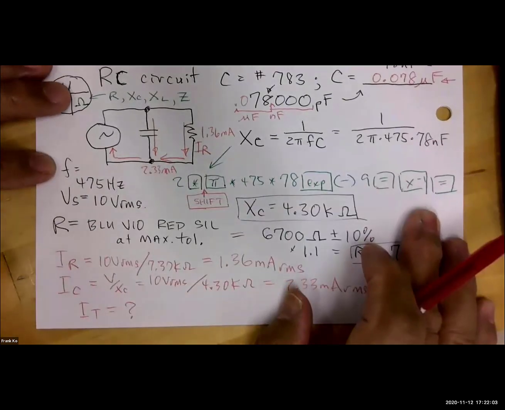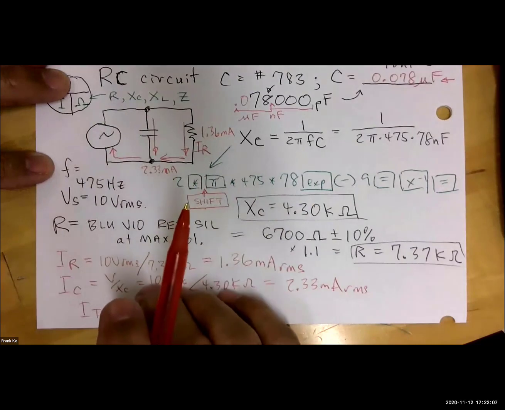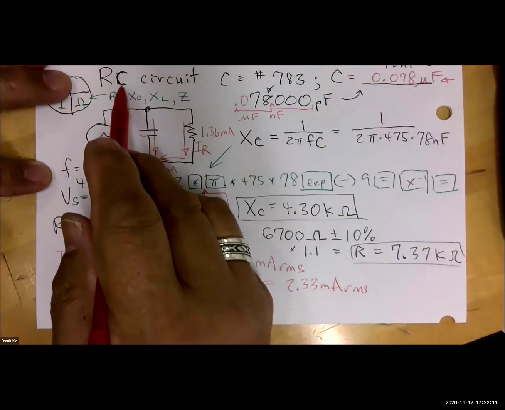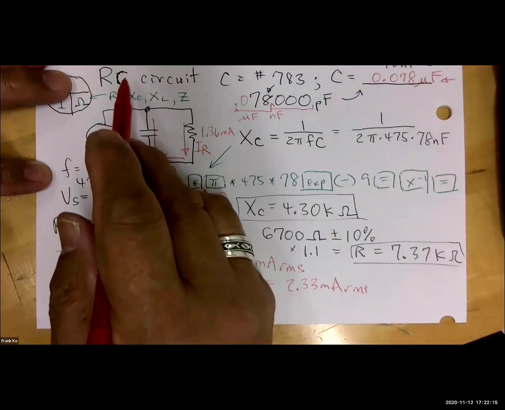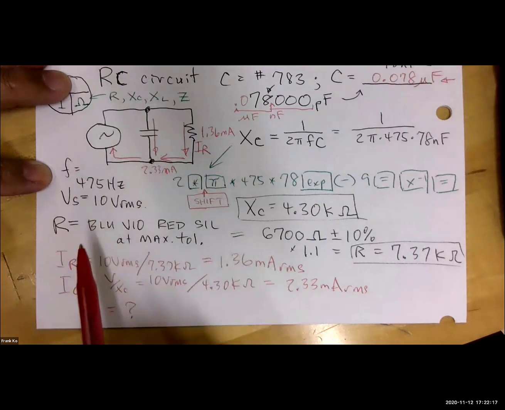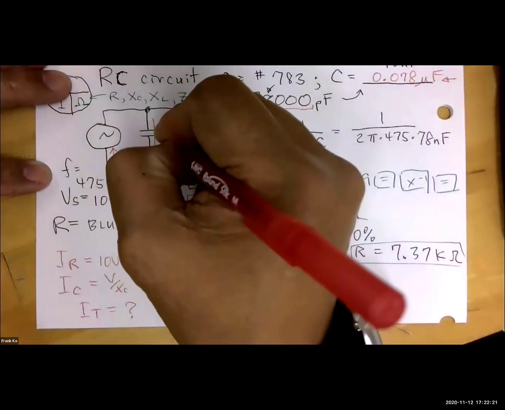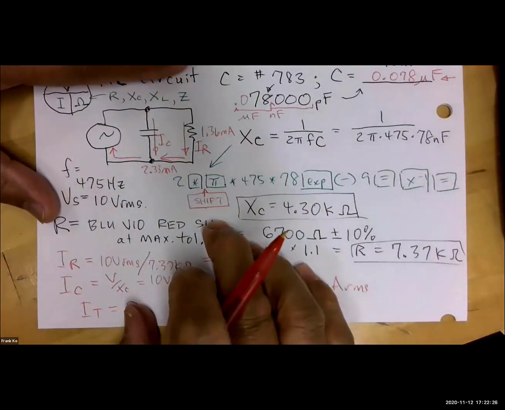However, this is an AC circuit, and we have a capacitor, which changes our timing quite a bit. Remember, in a capacitor, we have to think about Eli the Iceman. We have to think about current leading voltage. So what I'm saying is these two currents are not in phase with each other. Your IC is not in phase with your IR.